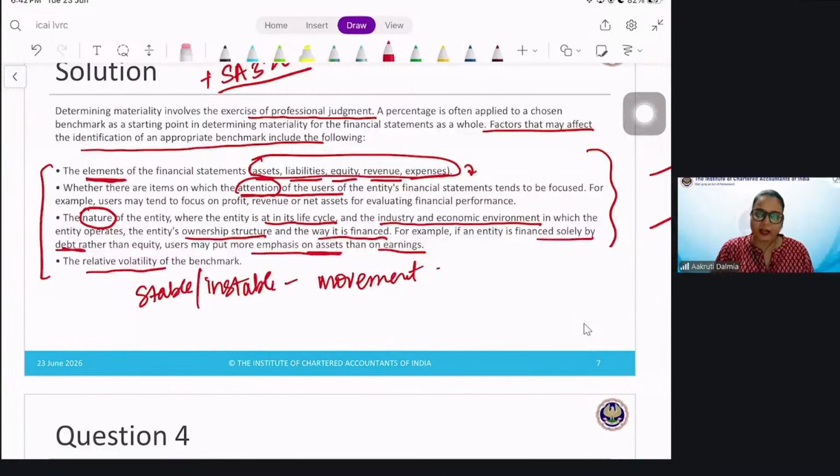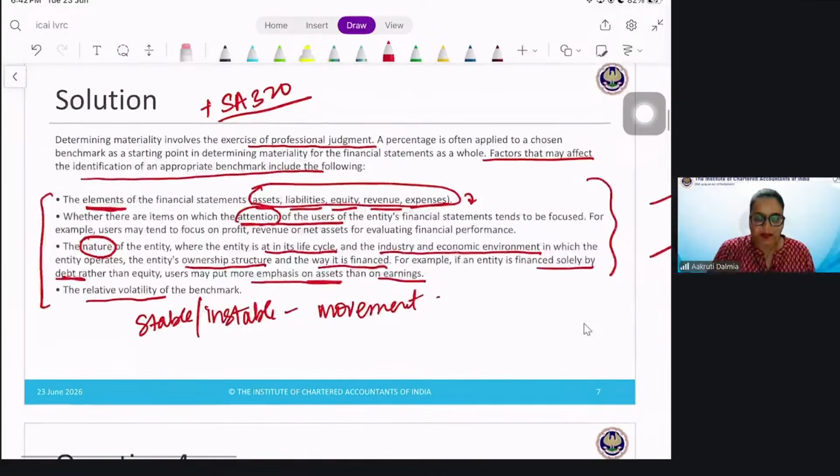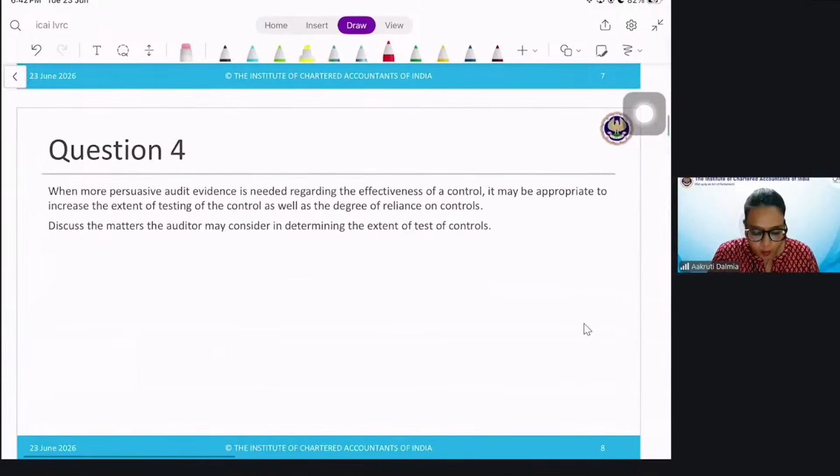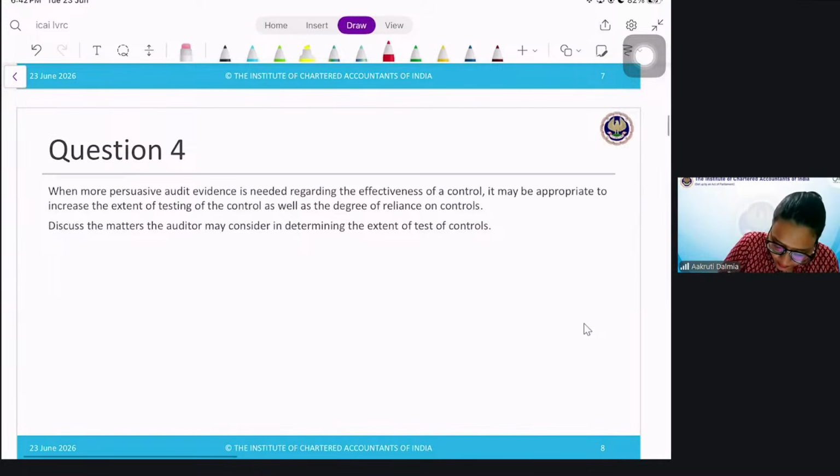Okay. Correct, Mehak. Next. When more persuasive audit evidence is needed regarding the effectiveness of a control, it may be appropriate to increase the extent of testing of control as well as degree of reliance on control.